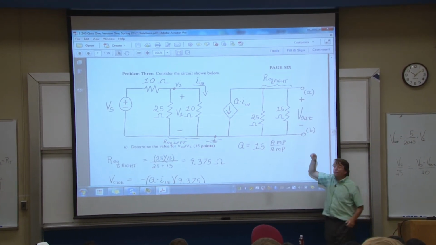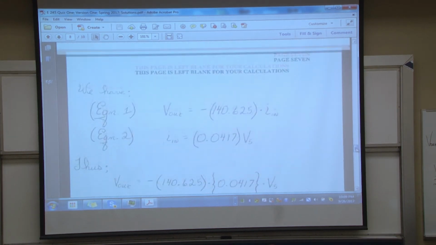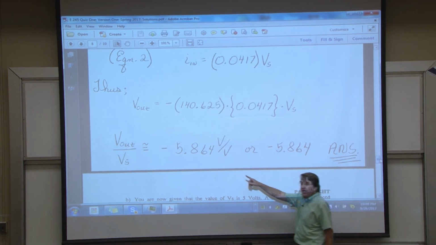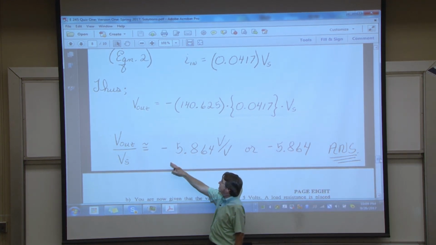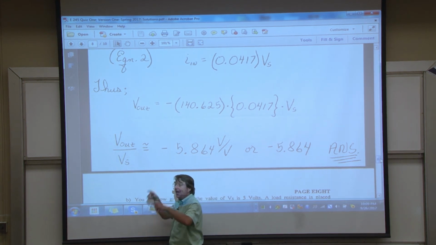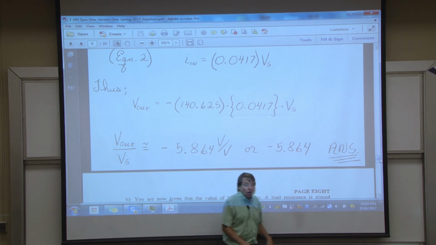We solve for V out in terms of Vs. Here, V out over Vs is minus, let's say minus 6. Then I told you in part B, Vs was 5. Did I get it? All right.